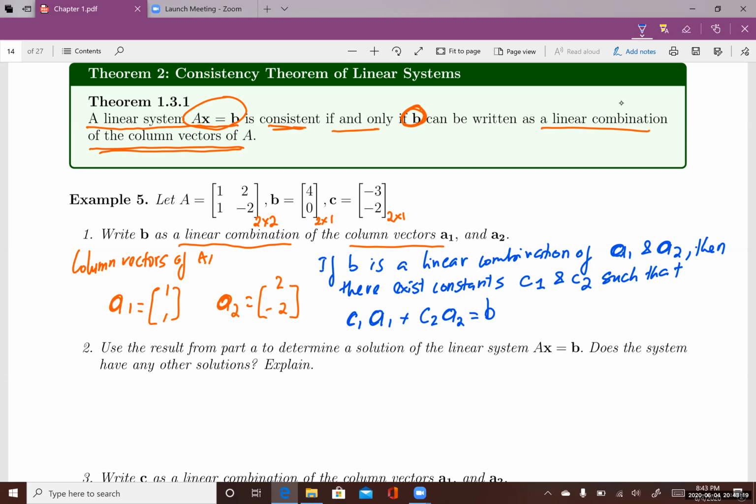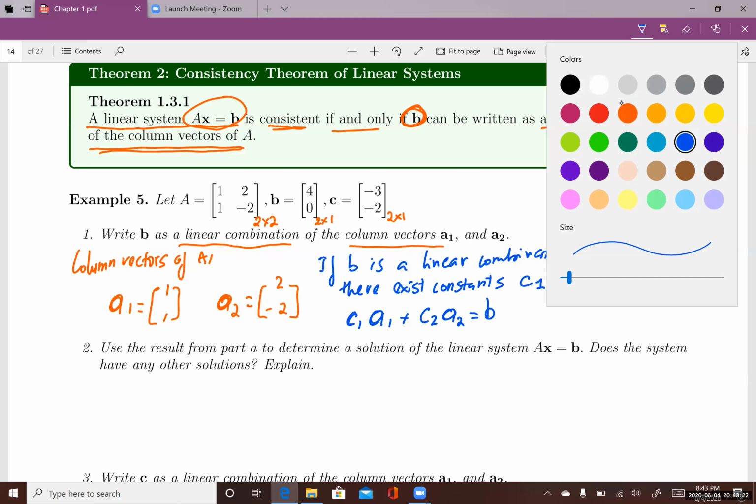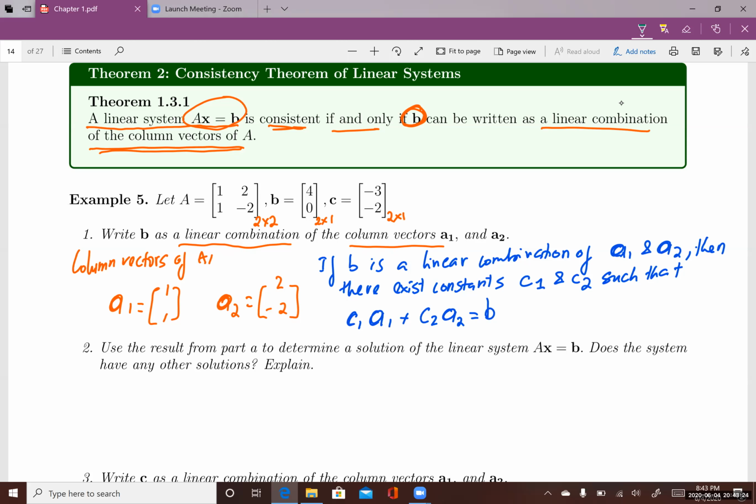All right. So now if this is A1, this is A2, and you want to add A1 and A2 to equal B. This is A1, this is A2, plus 2, negative 2 equals B, which is 4, 0.